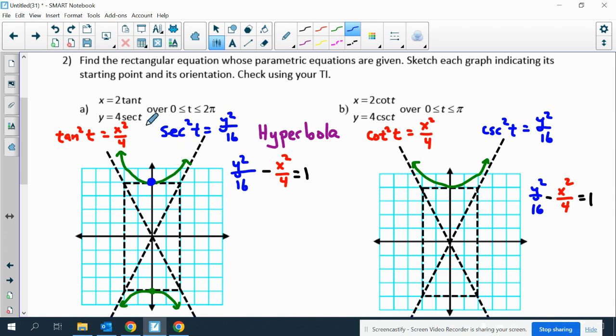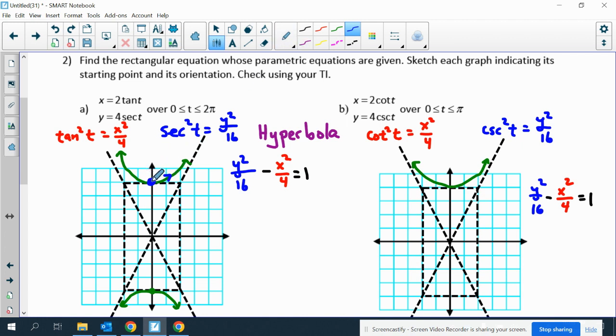And then if I substitute in, let's say, pi fourths, I know that tangent of pi fourths is 1, so I would have x equals 2, and secant of pi fourths is root 2 over 2, so it's going to be something else moving in the positive direction. So my orientation is moving up.